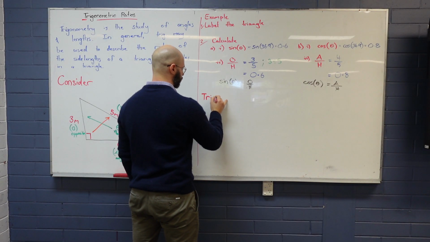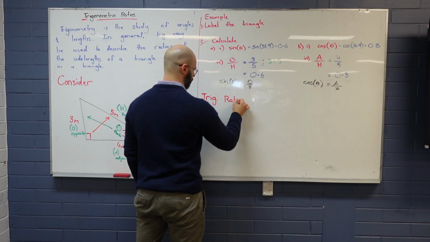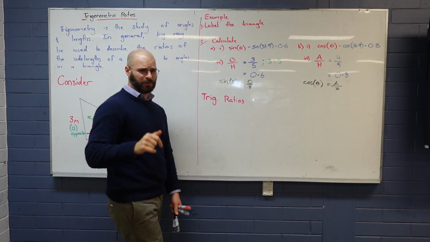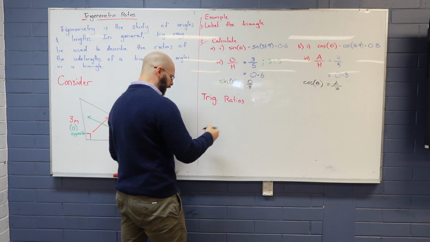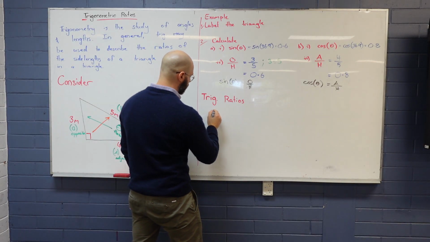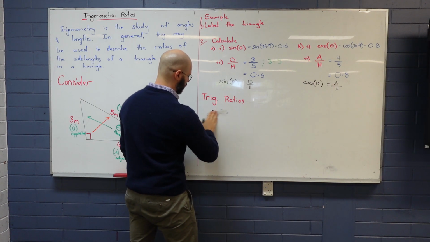I'm just going to shorten it to trig ratios. Basically, we have three of them. We remember them using a mnemonic, which I'll get to in a bit, but our ratios are sin, oops, it's a bit messy.